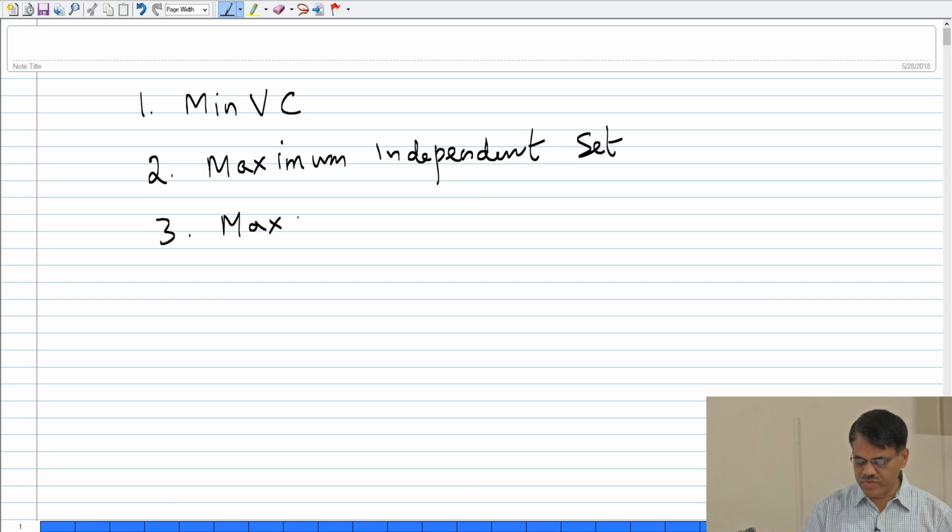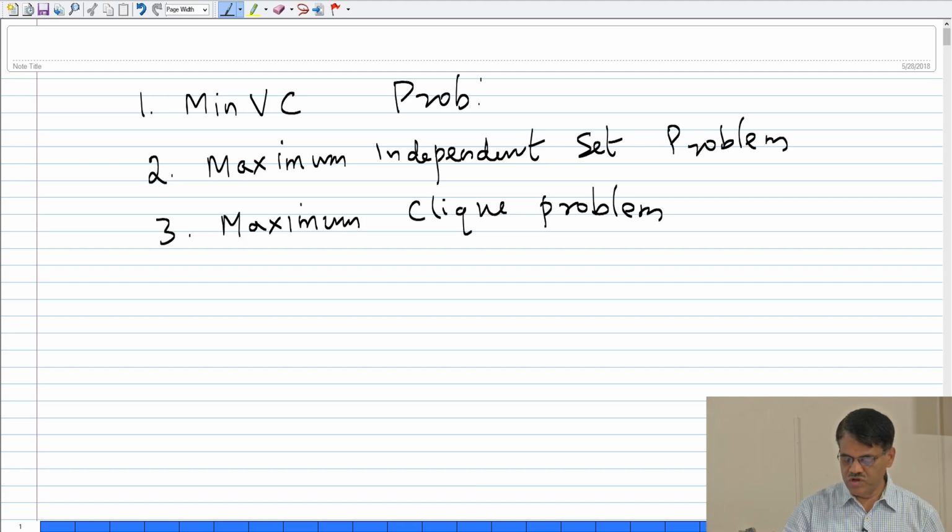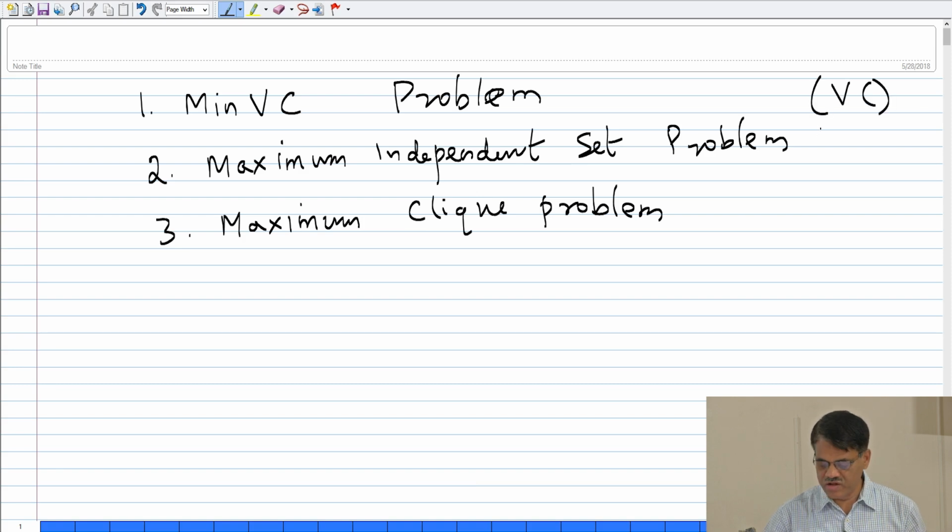A related problem is maximum clique in a graph. I am going to use the notation VC for vertex cover, maximum independent set, and clique.